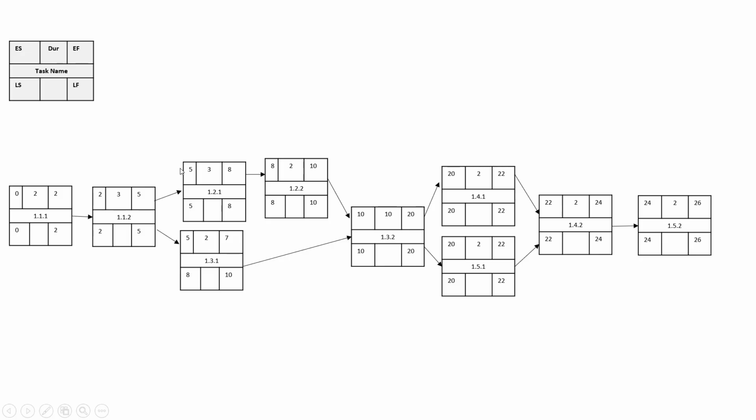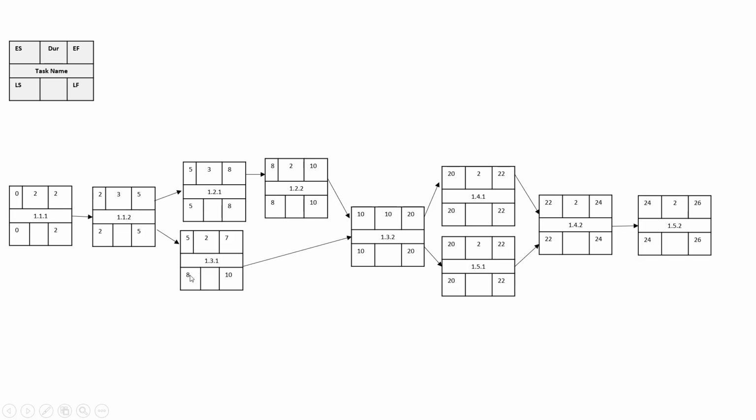Now we have a situation where the late starts of two subsequent tasks are different for one previous task, right? We can see both of these tasks lead to this previous task, but they are different. The late start for task 1.2.1 is 5, while the late start for task 1.3.1 is 8 days.